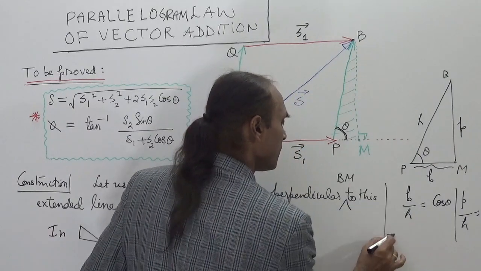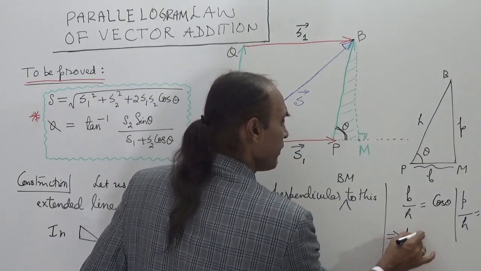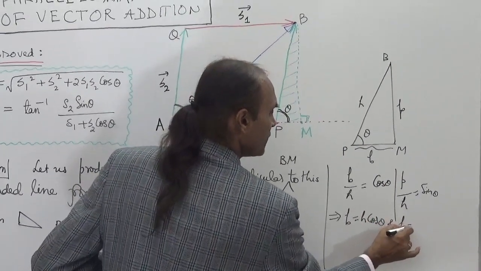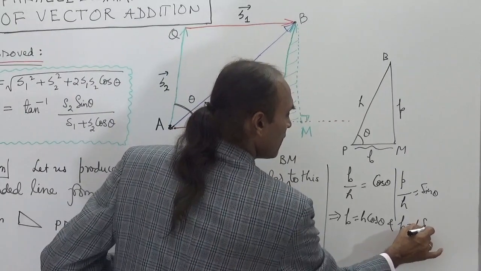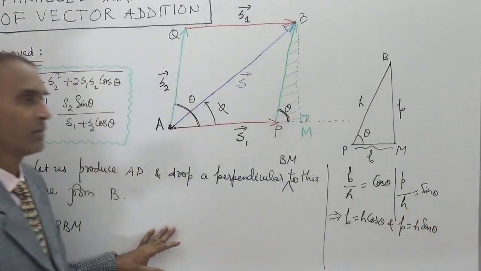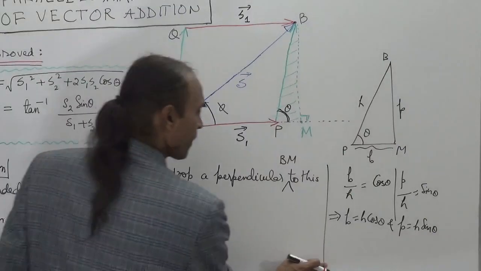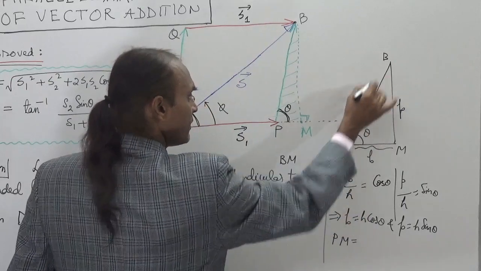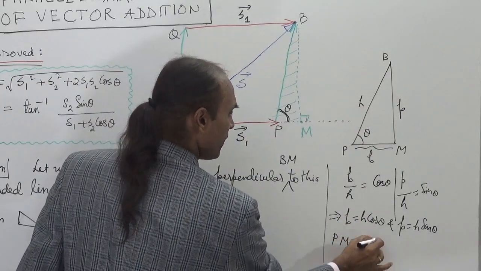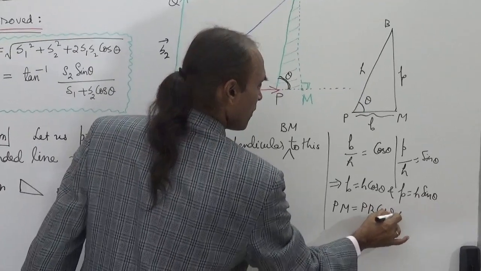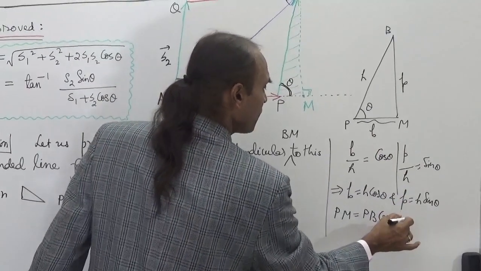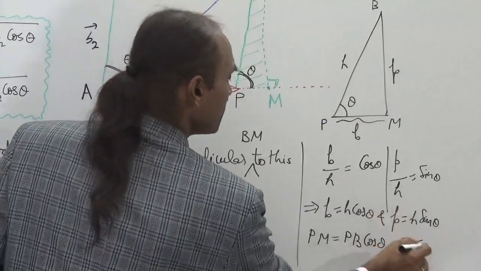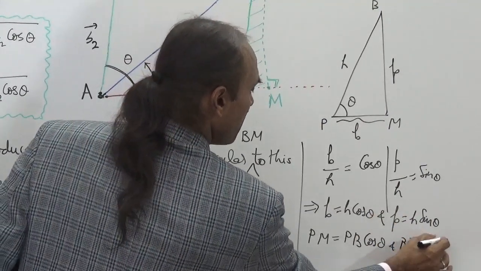Then B is equal to H cos theta and P is equal to H sin theta. In this case, the base is PM, the hypotenuse is PB. The perpendicular is BM and the hypotenuse is PB.